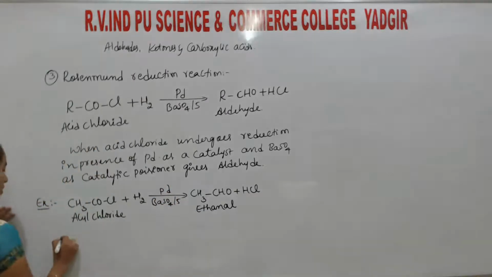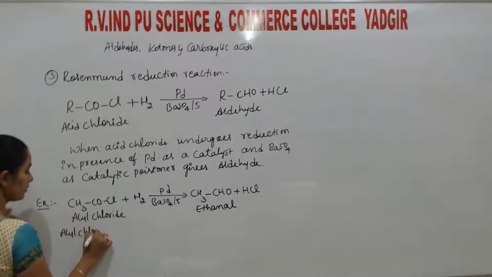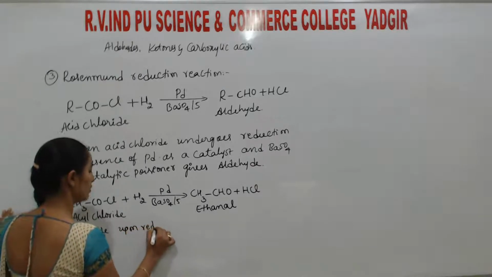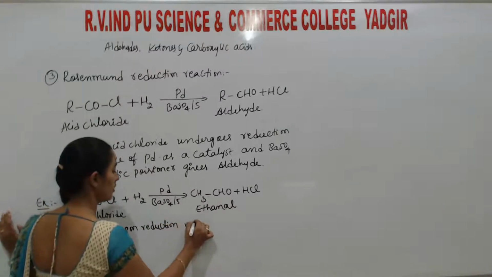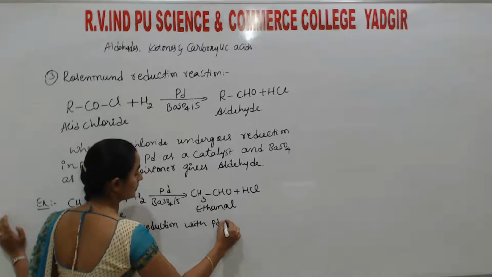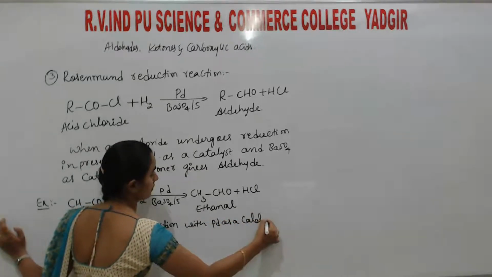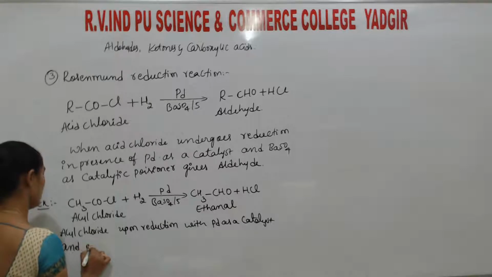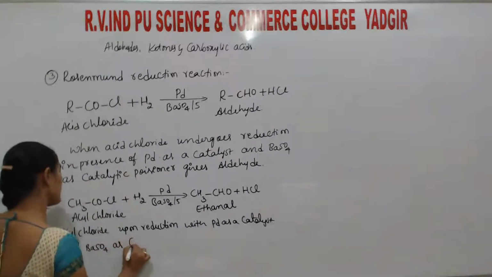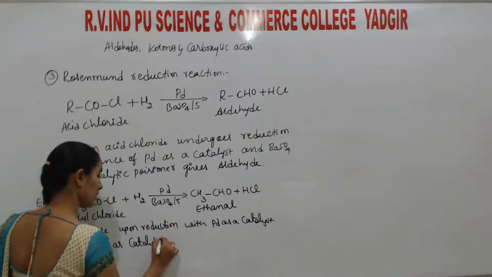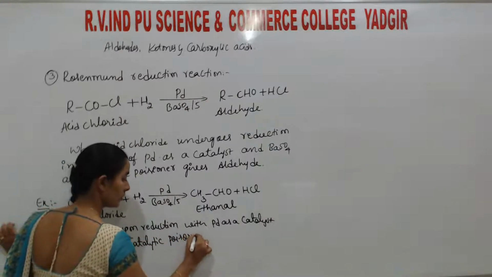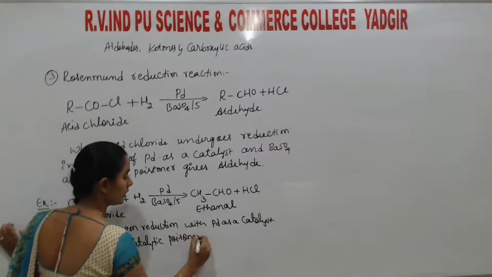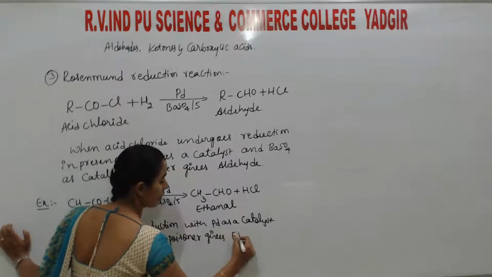Then you write this: acyl chloride upon reduction with palladium as a catalyst and BaSO4 as a catalytic poisoner gives ethanal.